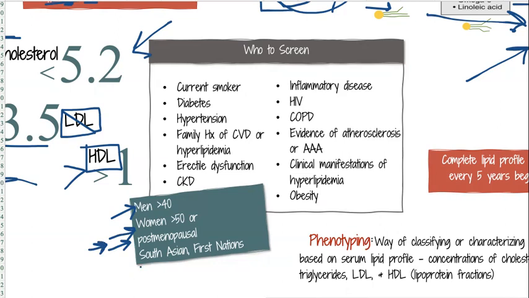Or clotting. And then South Asian and First Nations or Indigenous Canadian descent are at a higher risk, so those people might want to be screened a little bit younger. These are numbers that you pretty much just have to memorize, but it kind of makes sense when you understand the pathogenesis, right?